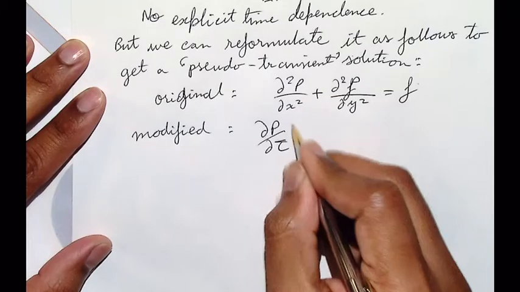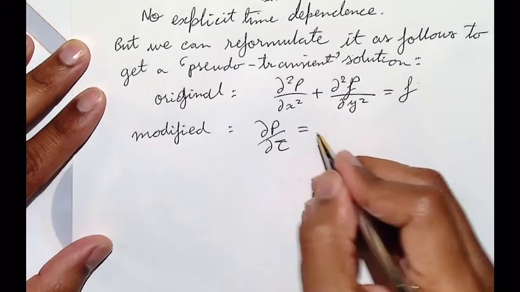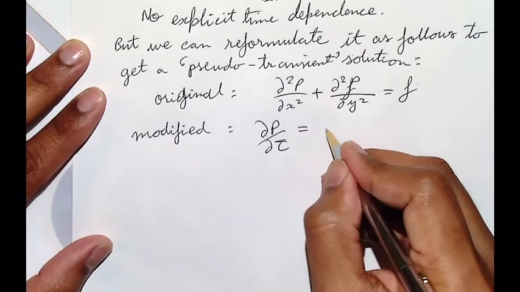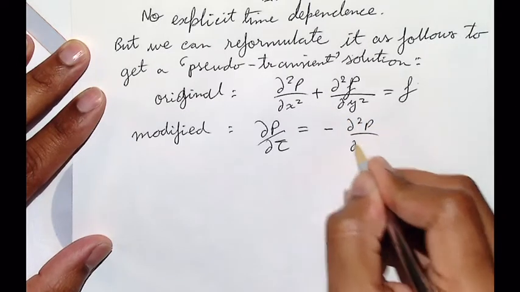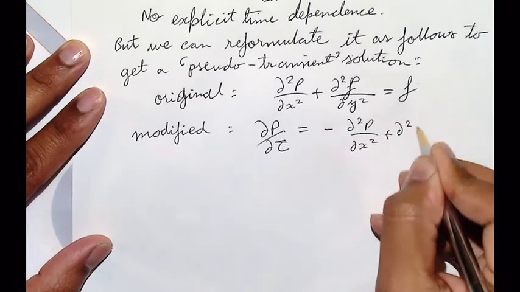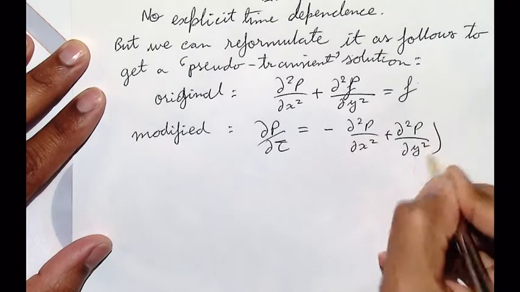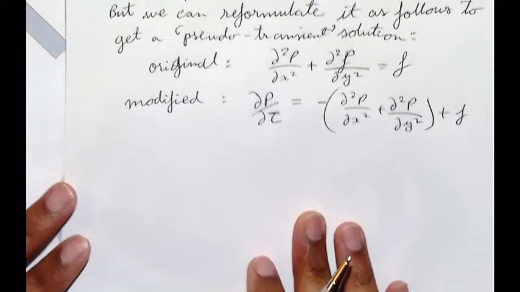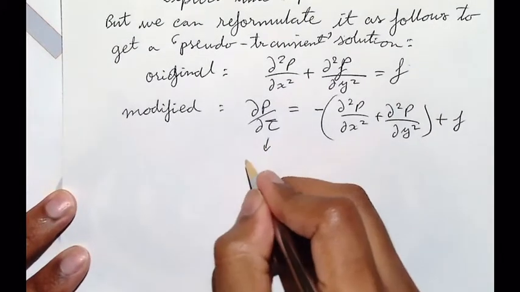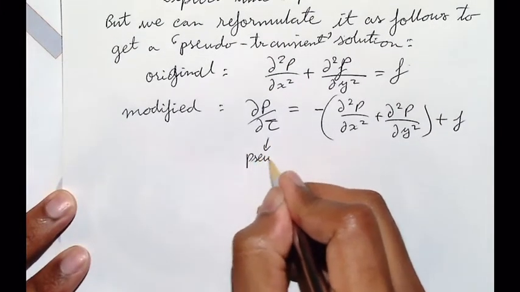Okay, this is not real time. This is pseudo time. Equal minus del 2p over del x squared. Okay, and this is called the pseudo time variable.